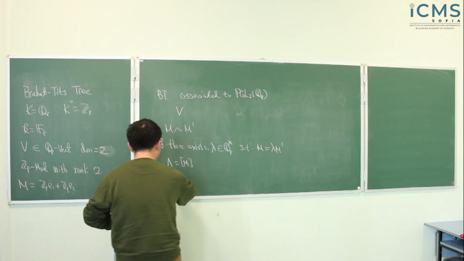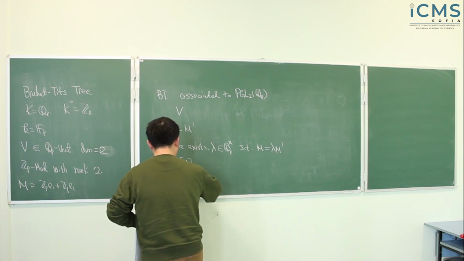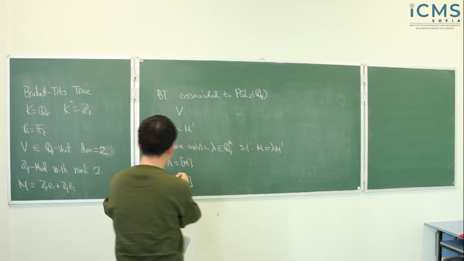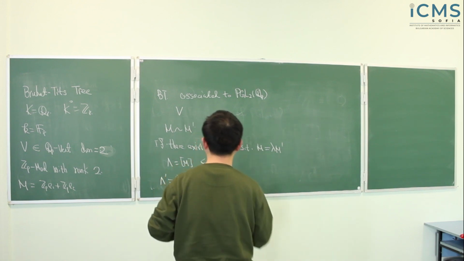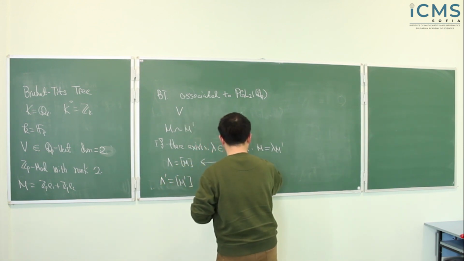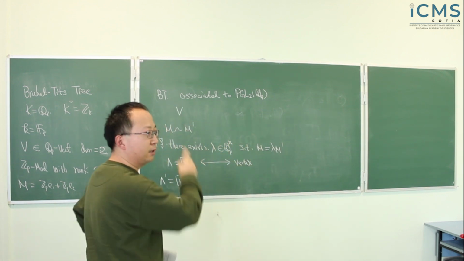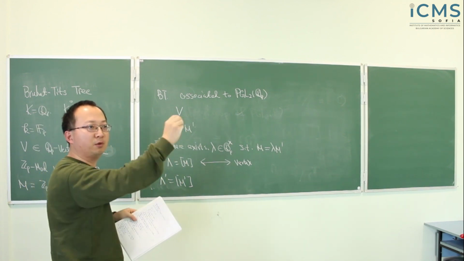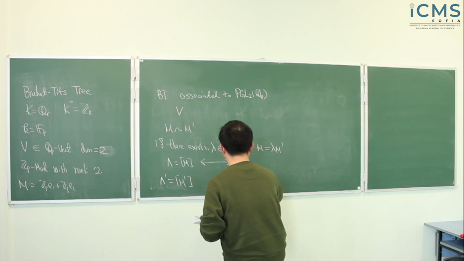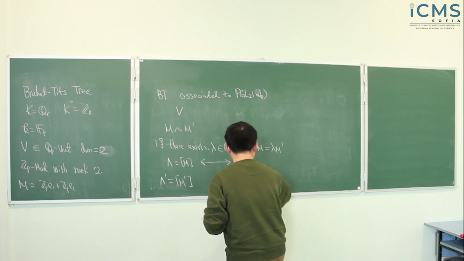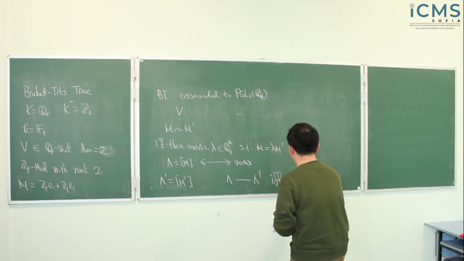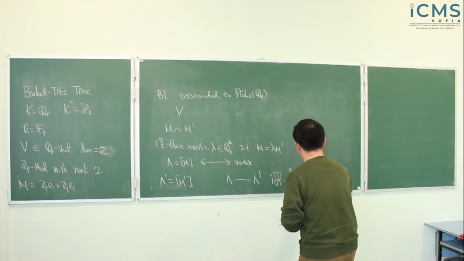We associate each lattice equivalence class as a vertex inside the tree, and we need to define for each pair of vertices when there's an edge between them. There is an edge if and only if the distance between them is equal to 1.